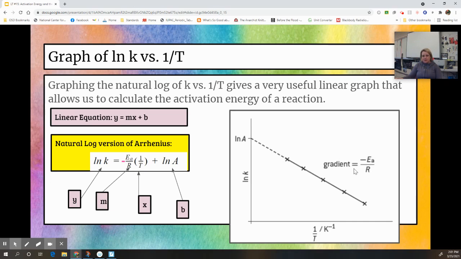This enables us, solving for this little equation here, to calculate activation energy, which is really useful to figure out how much energy needs to be present in order for a reaction to happen.